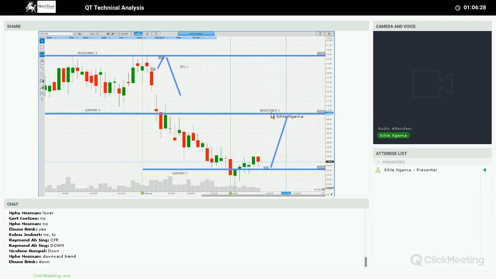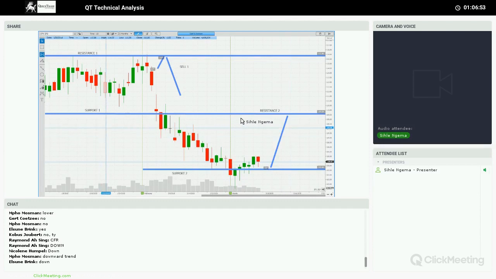The reason why it is resistance 2 is because this resistance 2 was support 1 in January. Because the share is currently trading below, this support 1 is going to be our newly established resistance for the month of March if the share does go up to 109 levels, which is support 1.